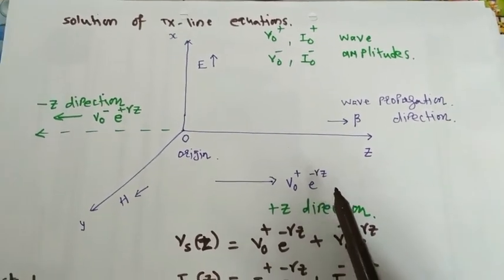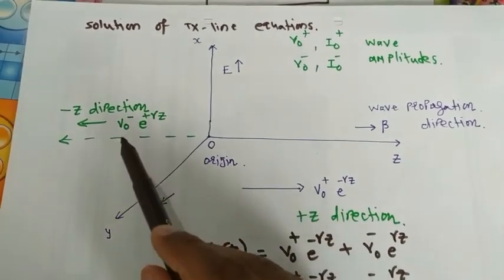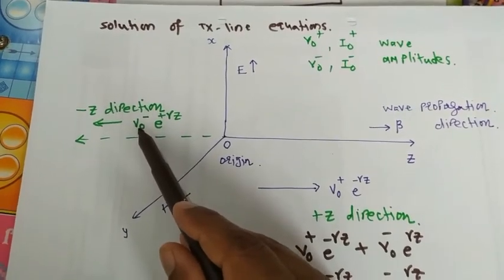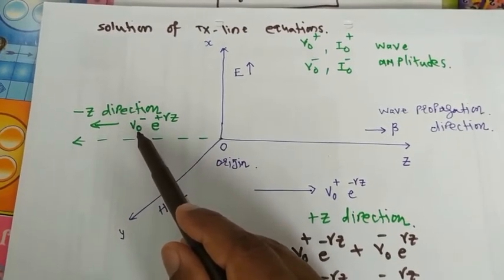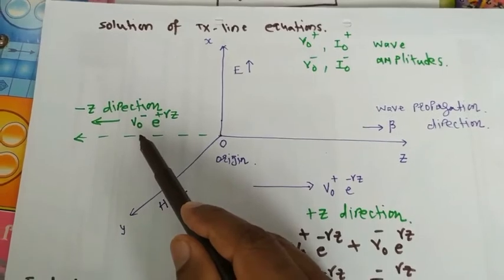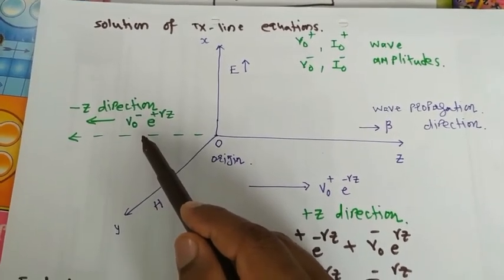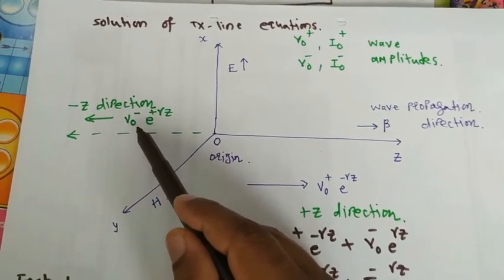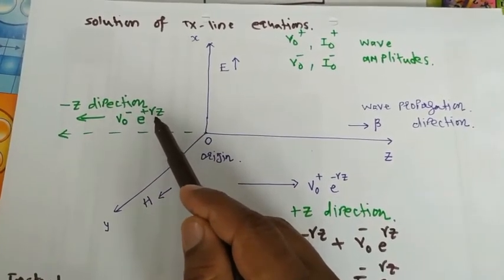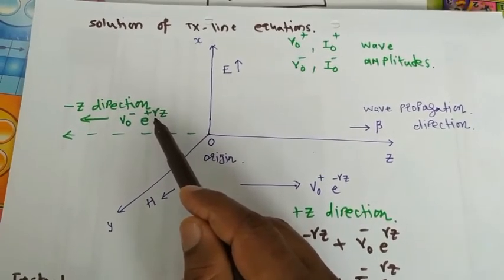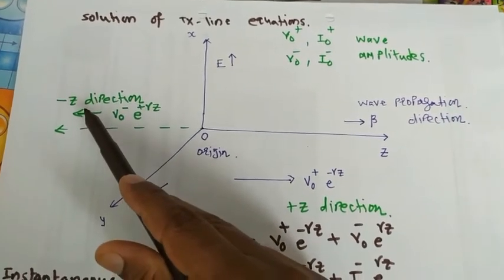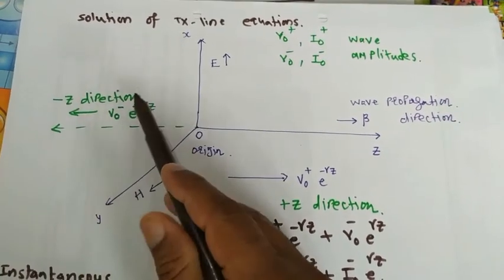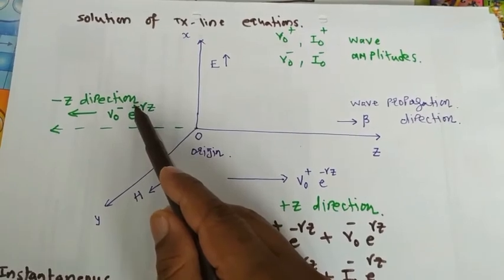For the second solution, V0 minus is the amplitude of the wave moving towards the minus z direction, with propagation constant gamma, but here the direction is minus z, so we get the positive sign.